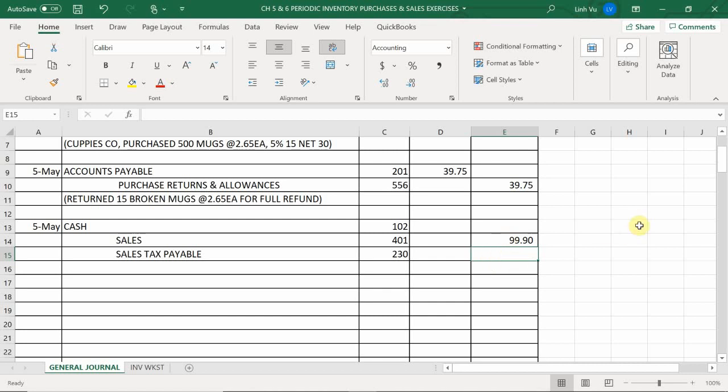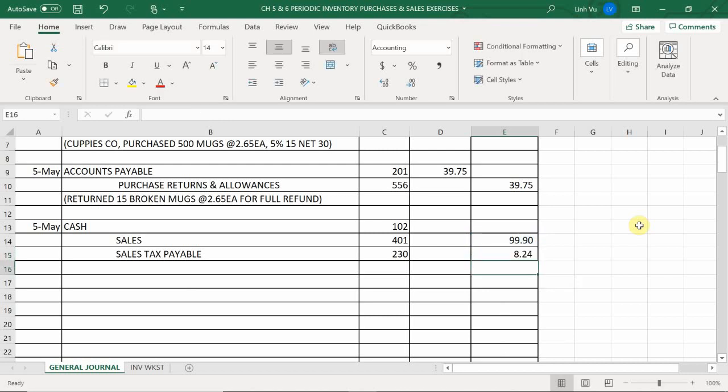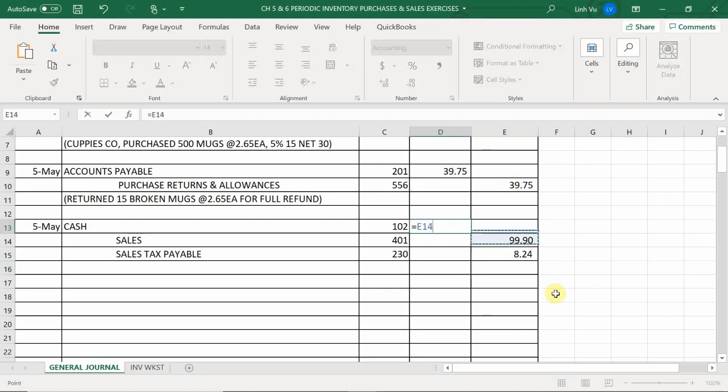99.90. How much tax am I going to charge? 8.25%. $8.24. So then in grand total, how much cash am I going to be receiving? 108.14.